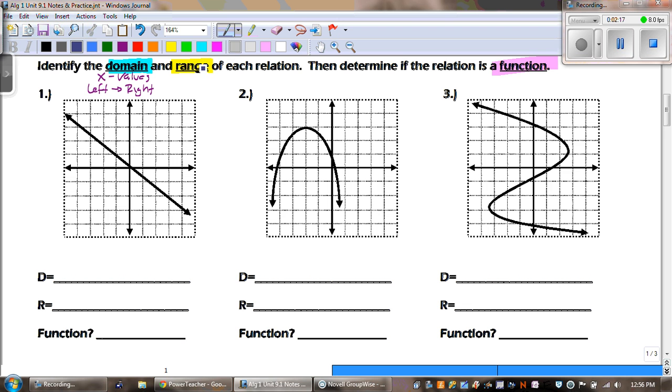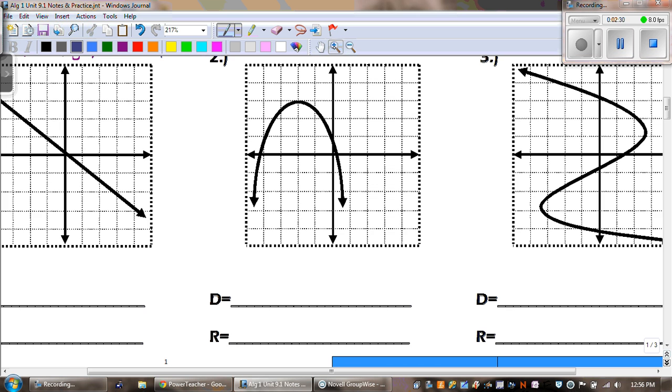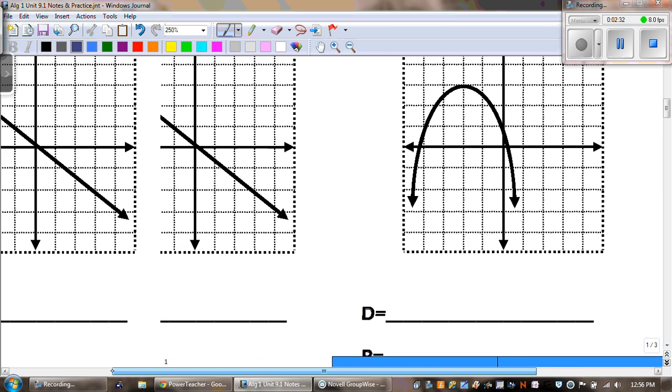The range is the y values, and that goes up and down. Okay, so let's look at number 1.